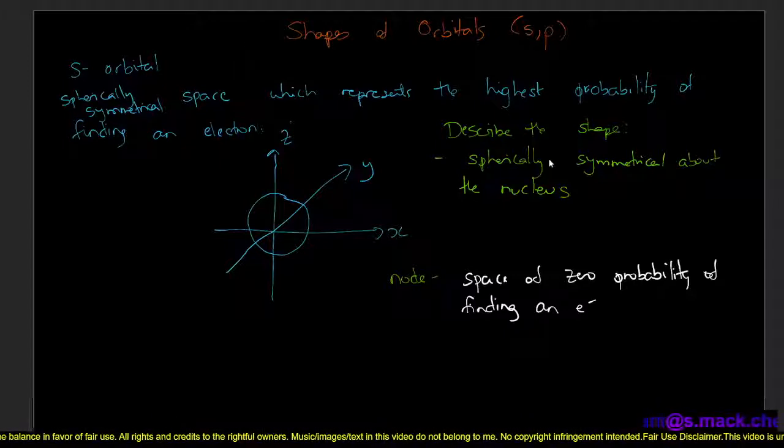And if we are saying our s orbital is spherically symmetrical about the nucleus, would you ever be able to find an electron where the nucleus is? No. So in describing the shape of the s orbital, I'm saying that it's spherically symmetrical about the nucleus, and this is where the nucleus is a node.